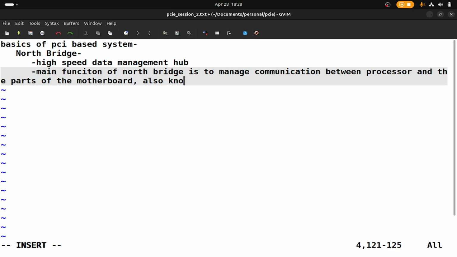It is also known as the controller hub. Or one name is also there, host bridge.